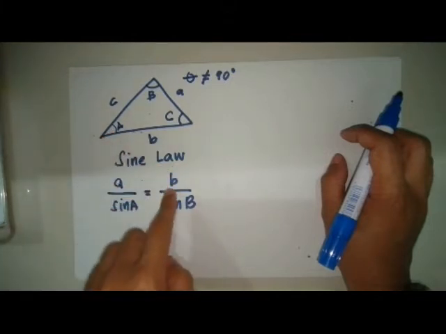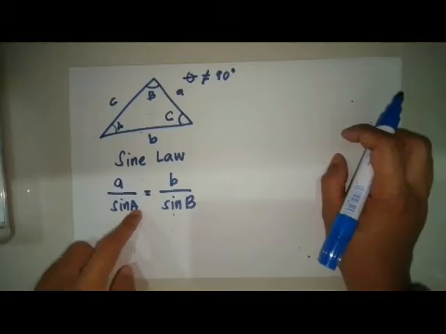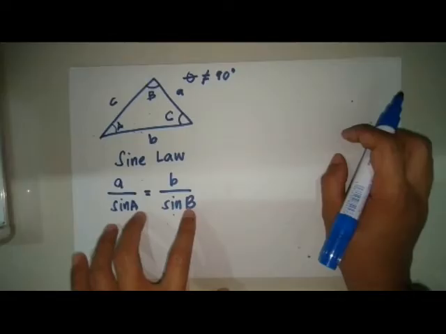So here, we can say that we have two angles and an opposite side. We can get this side that is opposite to A, yung katapat ng A. Pwede natin makuha yon if given tayo ng dalawang side.